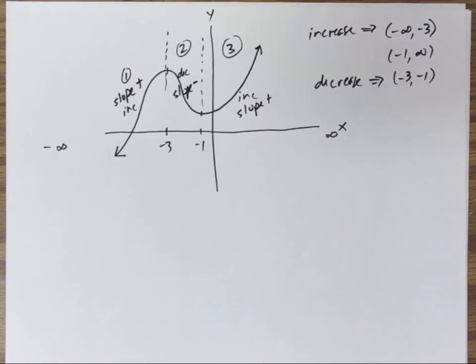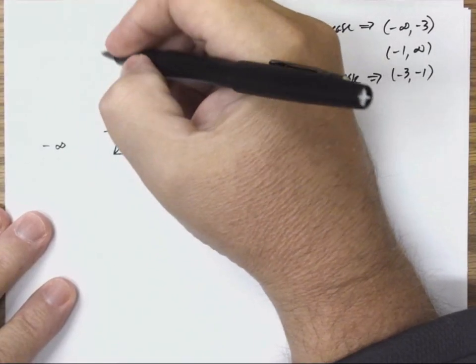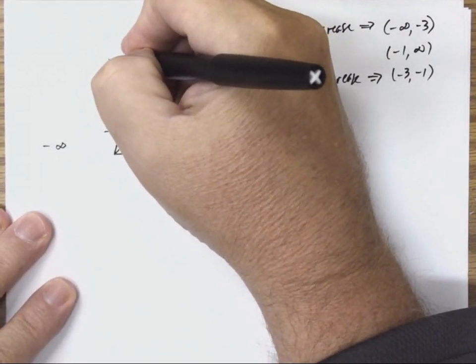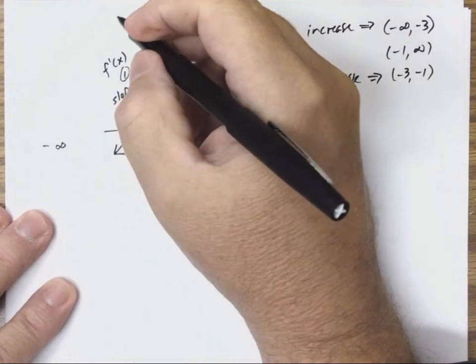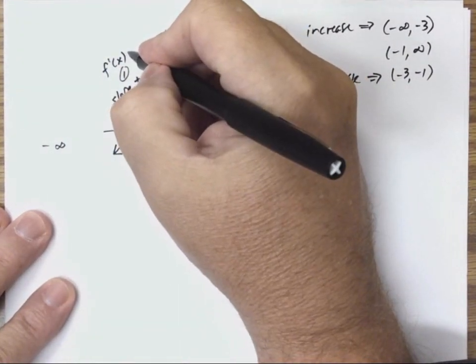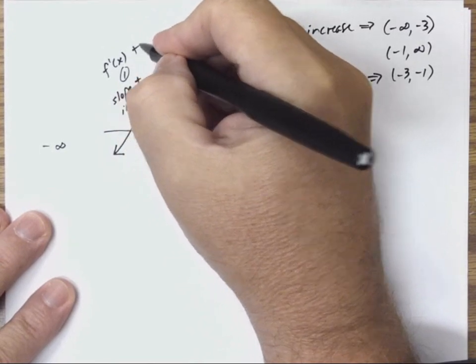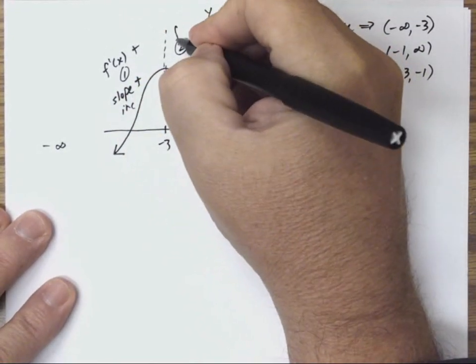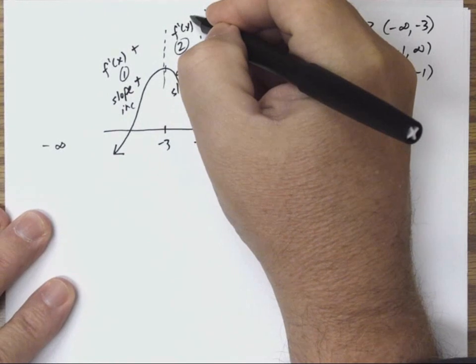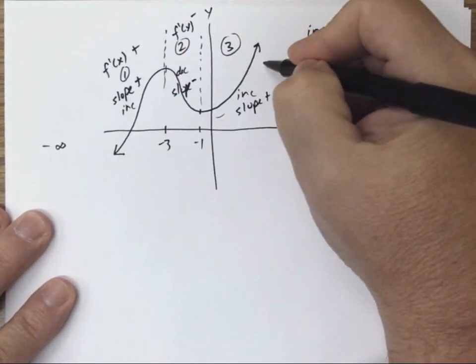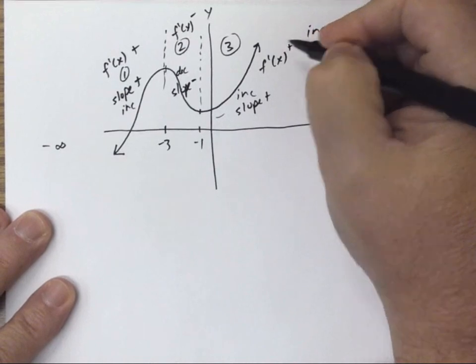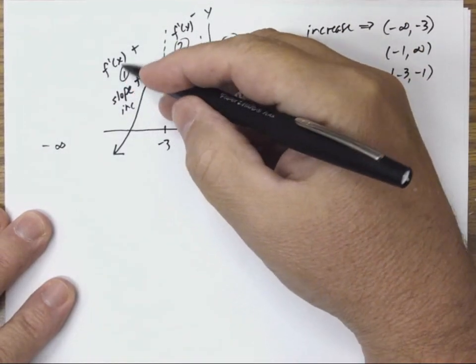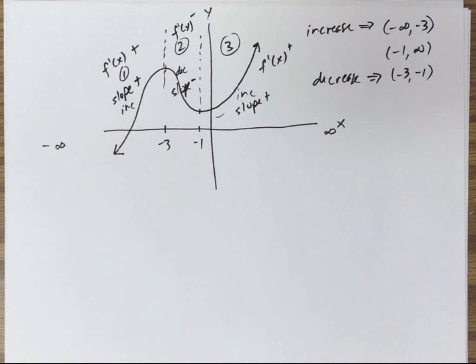Now mathematically in calculus, the slope is really the first derivative. So this increasing region is where the first derivative is positive. The decreasing is where the first derivative is negative. And back to increasing, that's where the first derivative is positive, because the first derivative is actually the slope of the line.